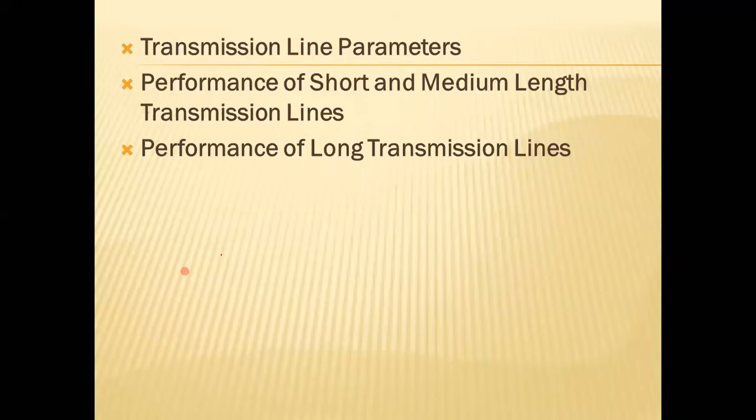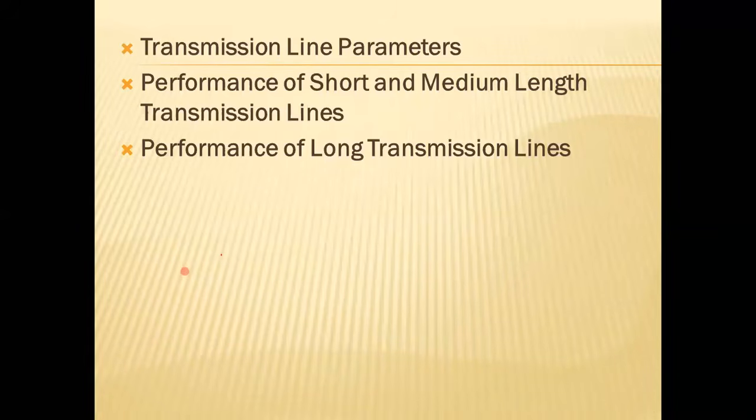We interpret the long line using rigorous line calculations in the form of ABCD constants as we do in short and medium lines. These ABCD parameters are entirely different. They are calculated by rigorous solutions.